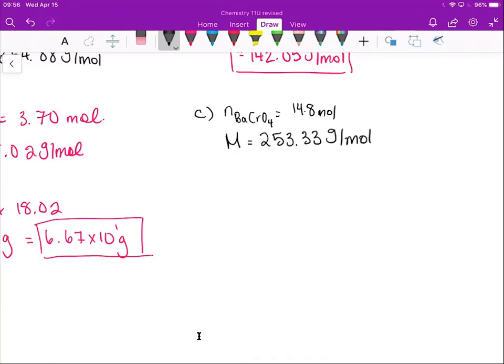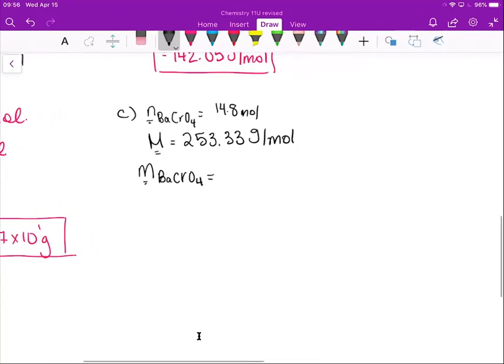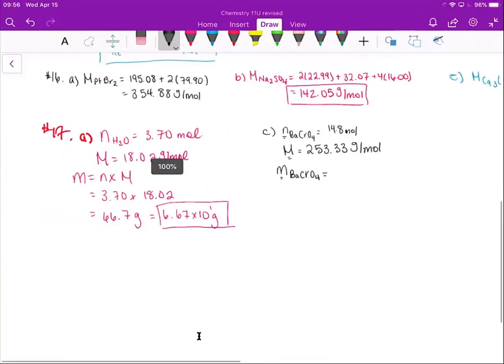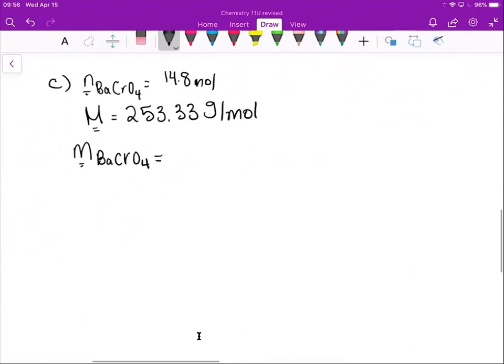And so when I want to calculate mass, see how nothing I'm writing is undefined. Everything that I'm writing, I'm showing you exactly what it is. Okay, so we have 14.8 moles times 253.33.